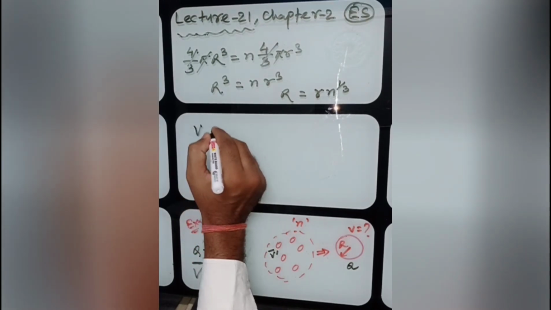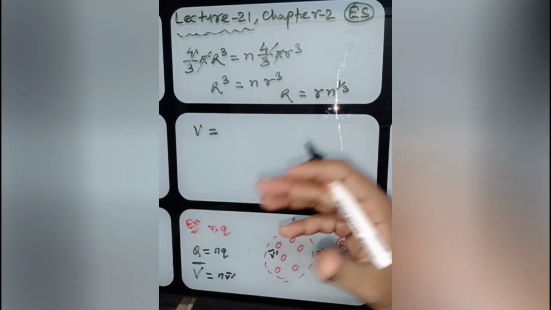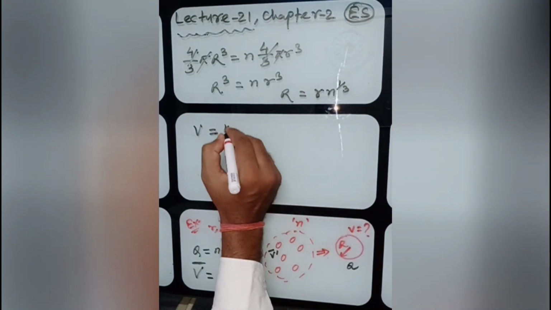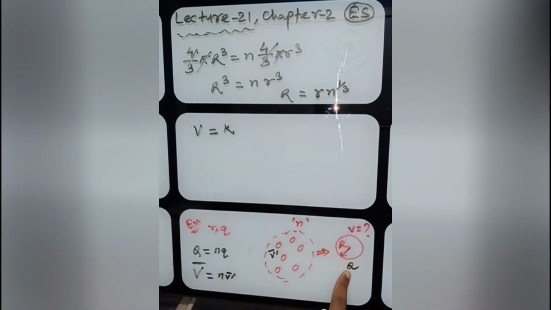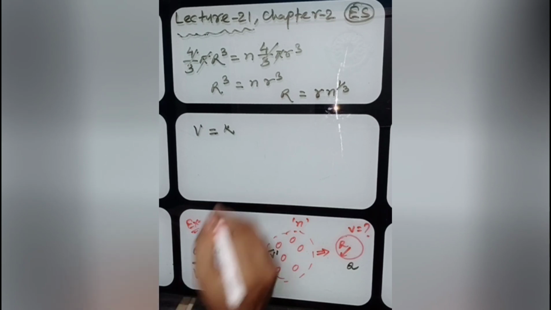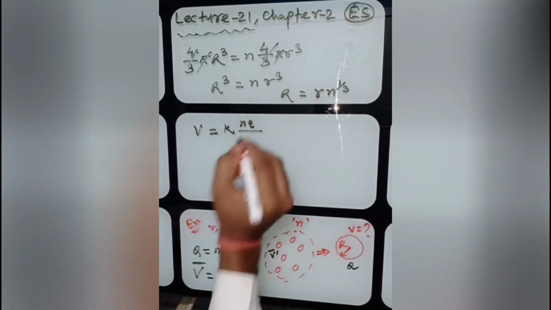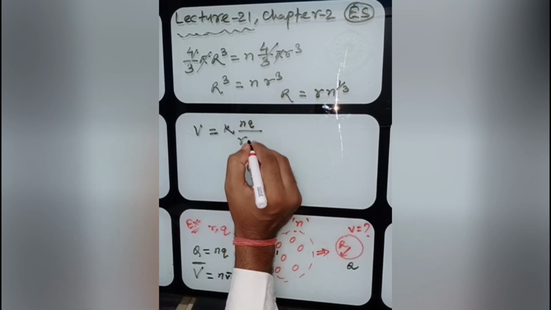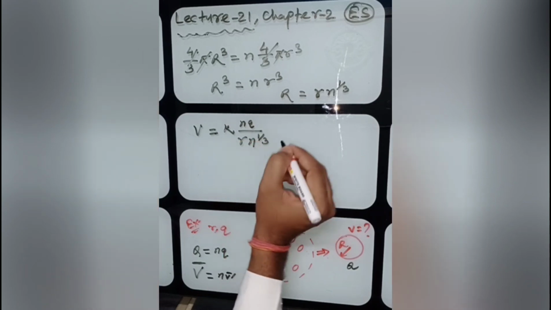Now the potential, the formula of potential is what? Try to recall. Yes, kQ by R. So what is the charge over here? Q is n times q, divided by R. What is the radius? We have derived R equals r n to the power 1 by 3.